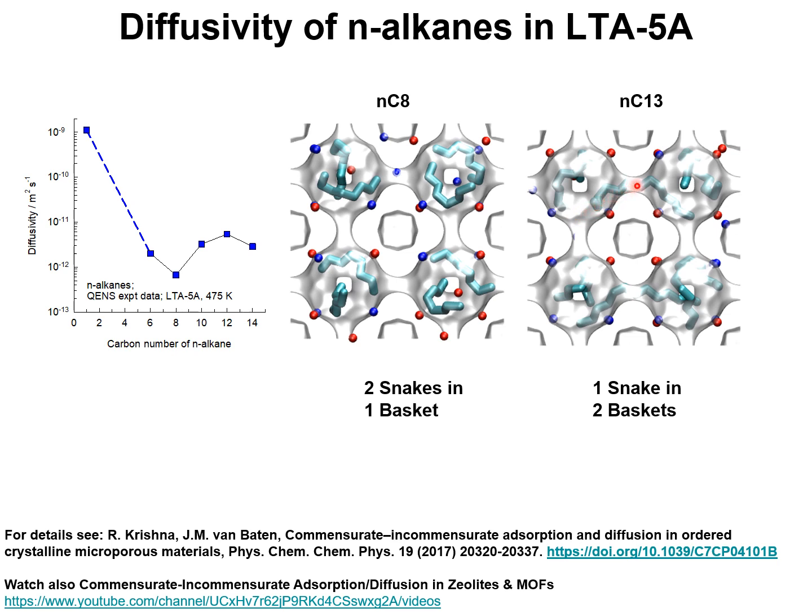So the one NC13 molecule is distributed between two cages. So we have a scenario here where we have two snakes in one basket. Here we have a scenario where we have one snake in two baskets.